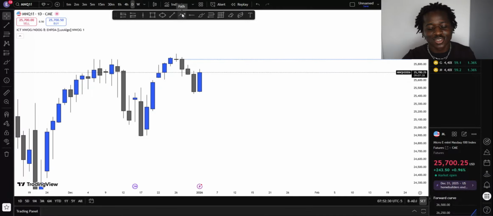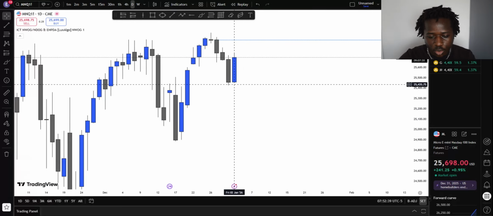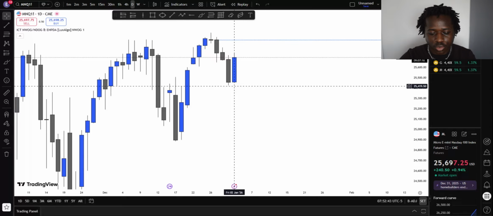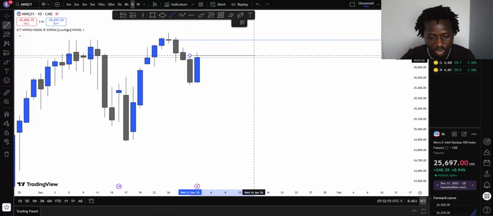Yeah, previous day highs and lows. Jeez, why am I mixing my words? But yeah, previous day highs and lows. So how do you mark out a previous day high and low? We have this day. This is the day we're on right now, Friday the 2nd of January. We have this previous day, which is Wednesday the 31st. So to mark out the previous day high, we just take our trend line, we click on the high, which is from the wick, click on it, and we mark that out.